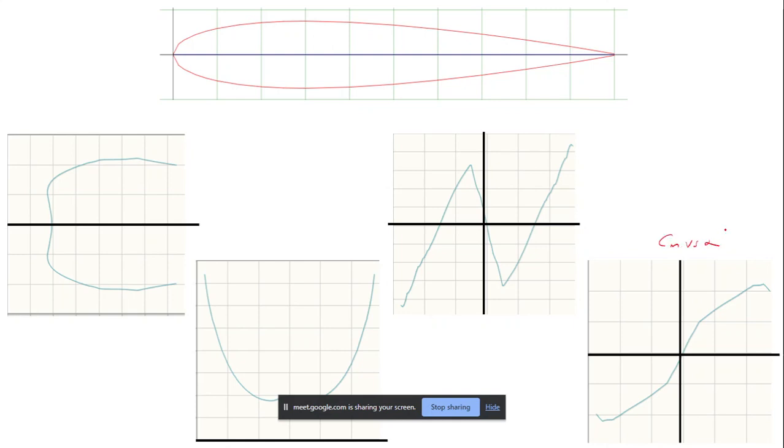Okay, why is it the CM versus alpha? Okay, let's go with that. CM naught is 0. If this is the CM versus alpha, in this case also it's 0, right?